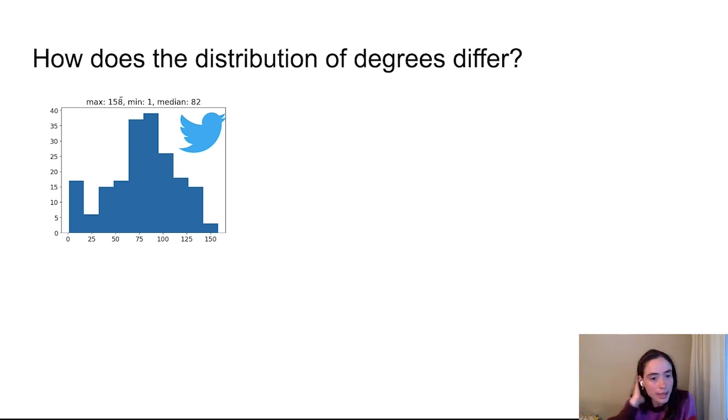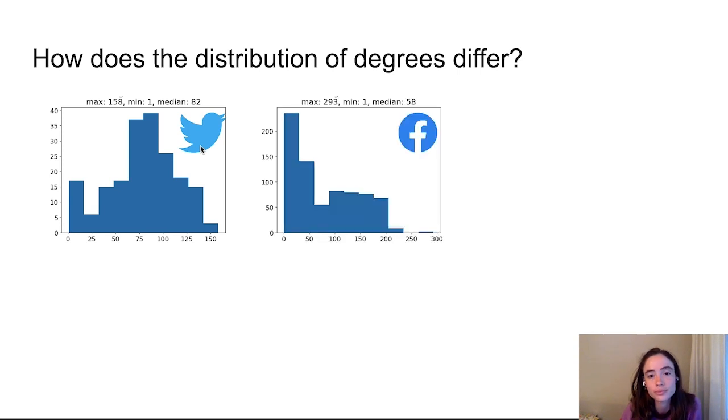And we can see the degree distribution has its median at 82. We can see most of the vertices have around 50 to 125 connections within that network. So there are a lot of interconnections between the different users in the Twitter dataset. In the Facebook dataset, we actually see a different pattern.